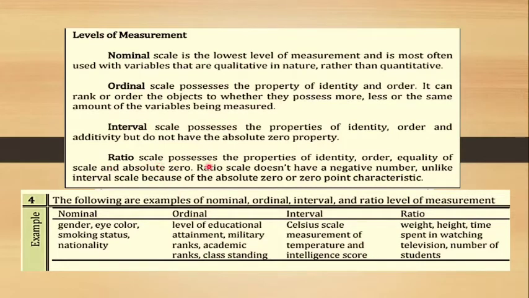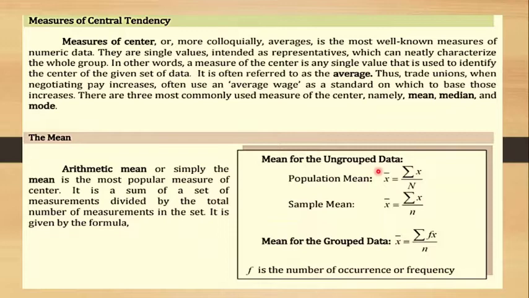So ratio scale possesses the properties of identity, order, equality of scale, and absolute zero. So ratio scale doesn't have a negative number, unlike interval scale, because of the absolute zero or zero point characteristic. So the examples are weight, height, time spent in watching television, number of students.